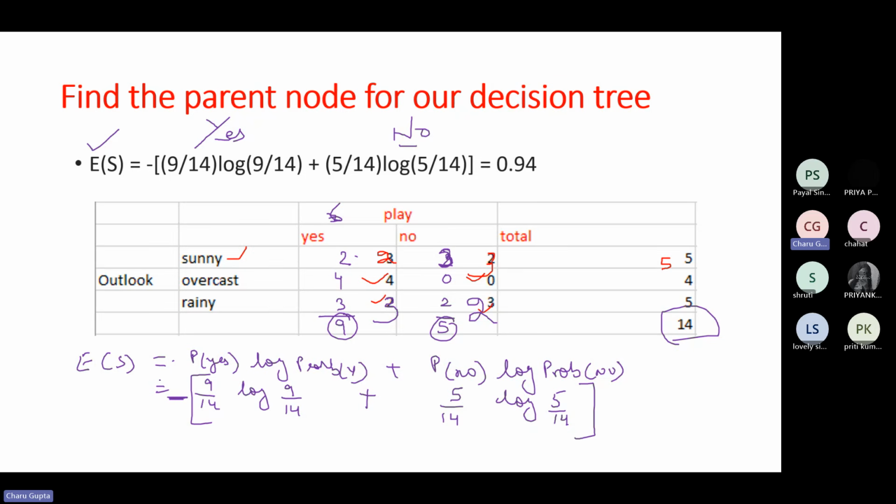ठीक है? If you are provided with log tables, you can calculate these values. If you are not, you can leave it as it is also, because remembering the log values is not possible. The important part is to calculate the entropy and to make this table neatly and accurately. You can note this down.